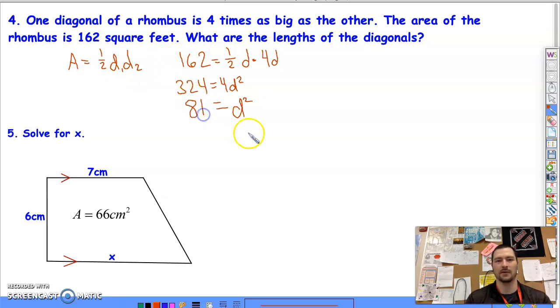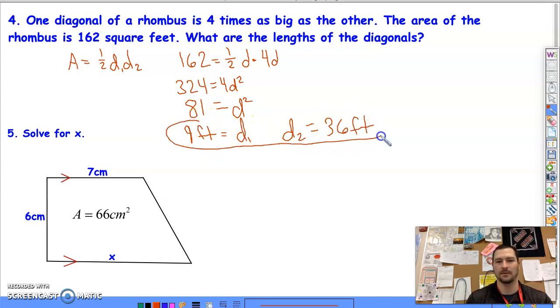When we square root that, one diagonal is 9 feet. We'll say that's D1. The other one, since it's 4 times that, equals 4 times 9, which is 36 feet. So again, figure out the formula you're using, plug in what you know, and go.